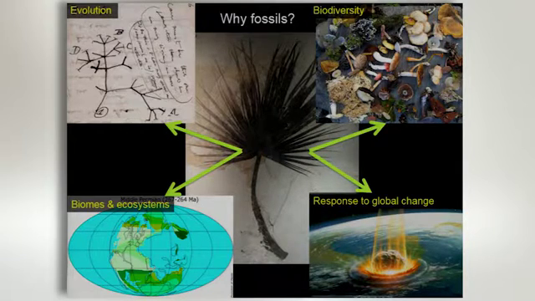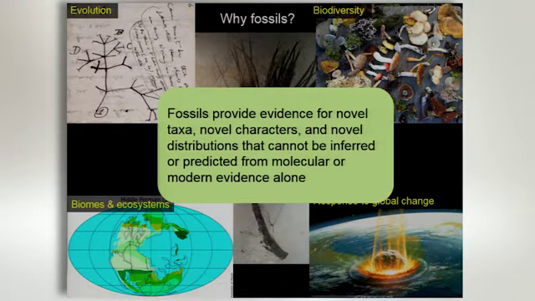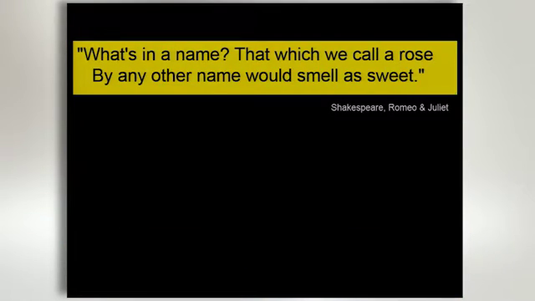We have natural experiments here that are preserved in the rock record to help us understand that. And so fossils provide evidence for novel taxa, novel characters, and novel distributions that cannot be inferred or predicted by just looking at molecular modern evidence, right? And I'll show you a few examples of that.